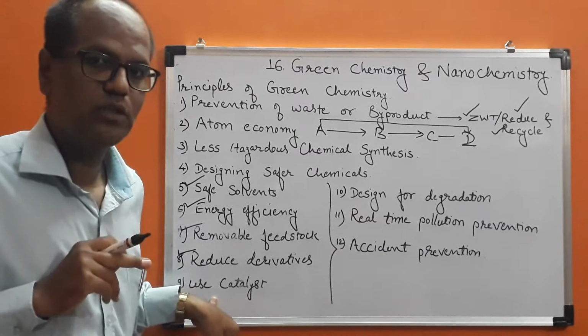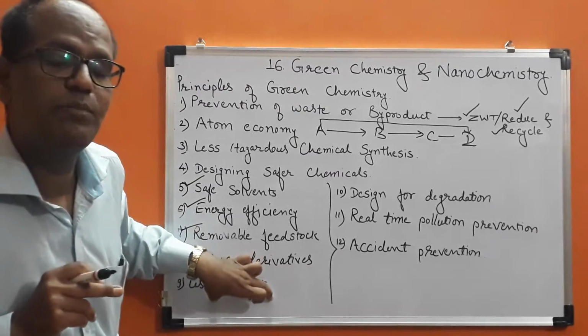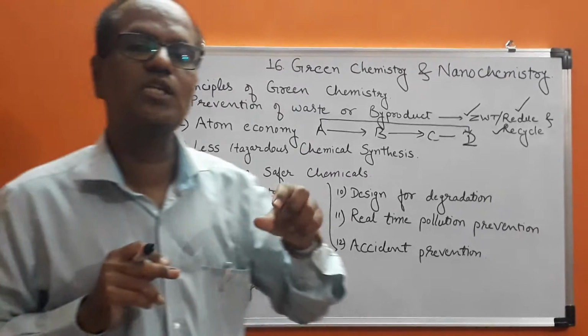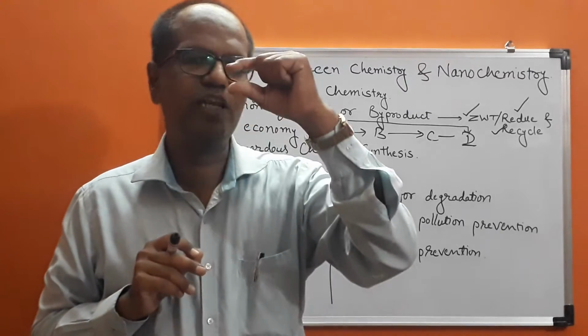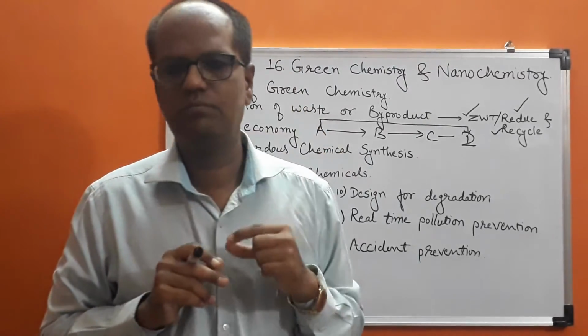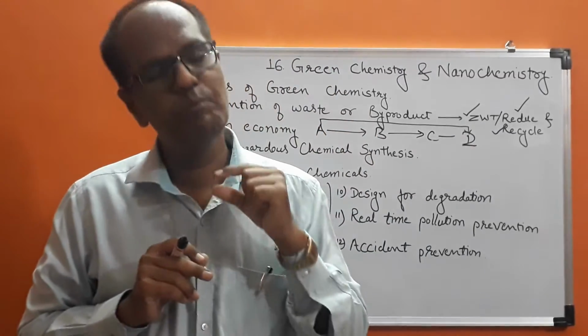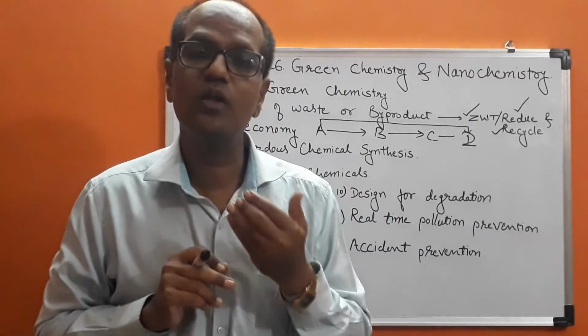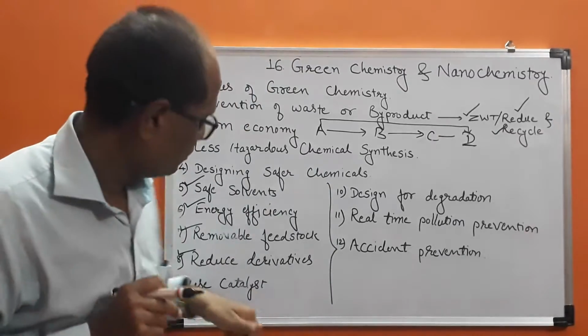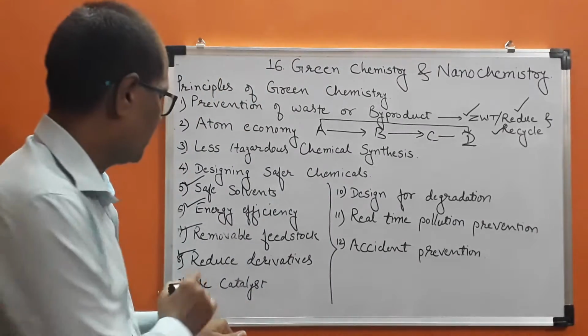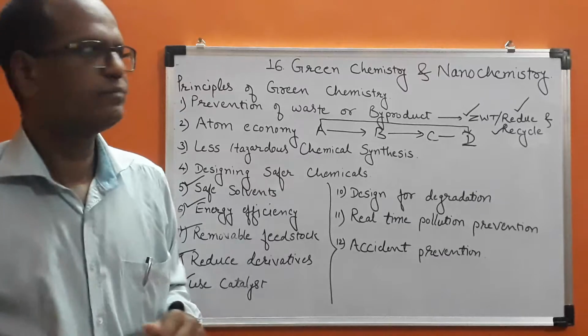If the reaction is carried out in the presence of a catalyst, then the reaction is completed in a very short time period. If you complete the reaction in a very short time period, means you are going to save the energy. Therefore, as far as possible, try to use the catalyst.